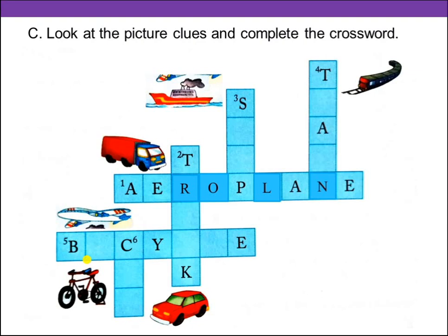That is truck. Have you found the third one? That is ship. And the fourth one is train. And the fifth one, bicycle. And the last, sixth one, car.